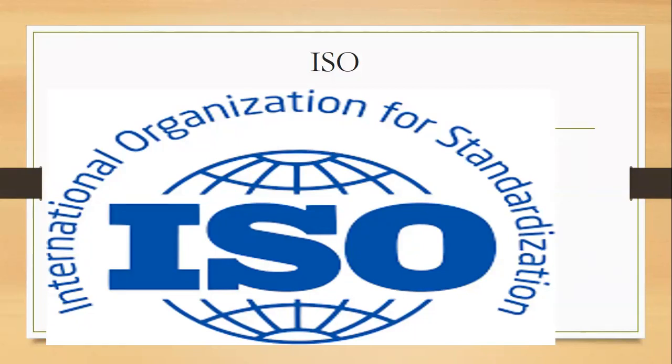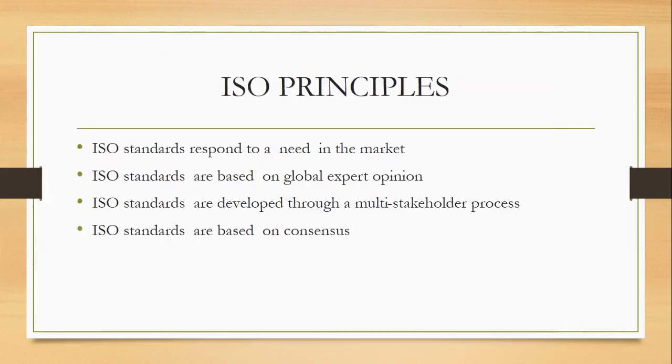And in those decades, they've set more than 24,000 standards across any field of knowledge you could think of. For virtually all the fields of endeavors you could think of, there is a standard, and they're still producing more. So we look at the principles of setting ISO standards.